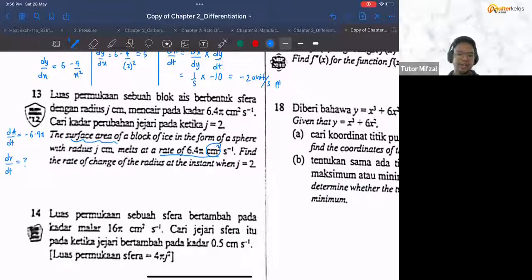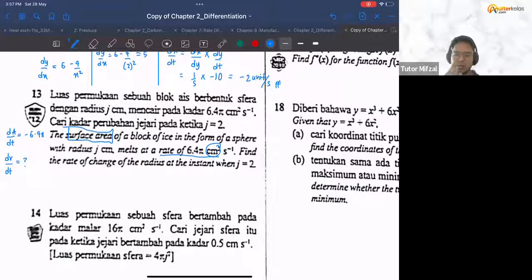So that's the question I want to ask you. Okay, let us think first. Alright, this one is dA over dt, dr over dt. It already said in front, surface area. So this is a clue that you have to use the formula of surface area of a sphere.